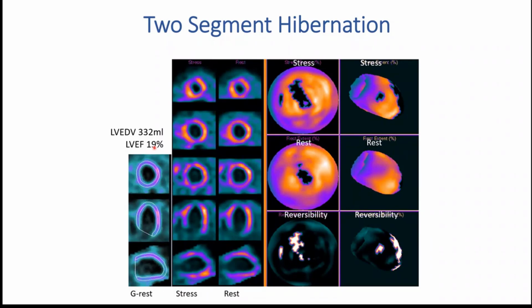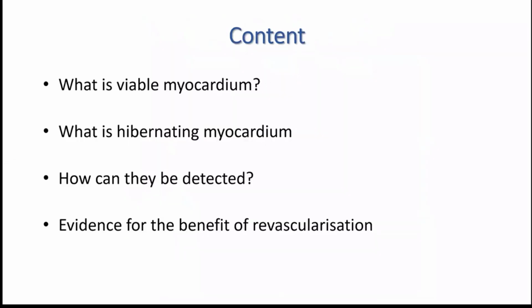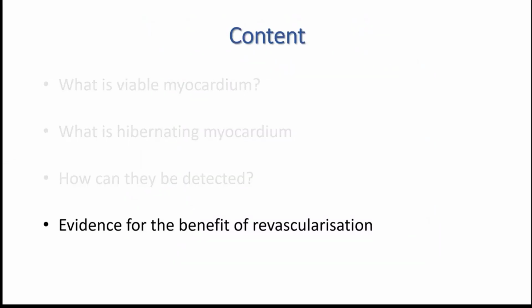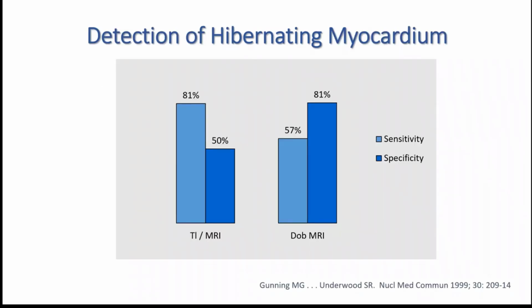So by SPECT, simple common garden SPECT, we're answering all of those questions. Okay, what about the evidence for revascularization then? Well, again, old data, but this is quite interesting data.